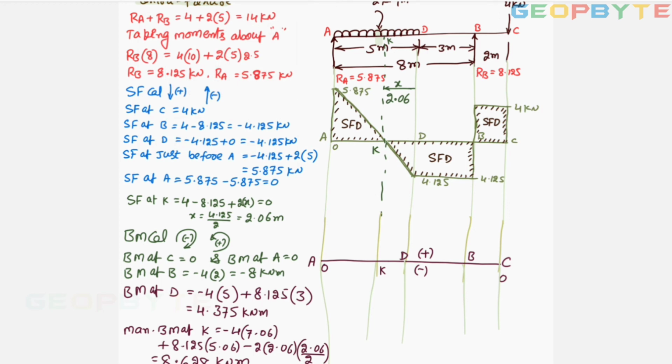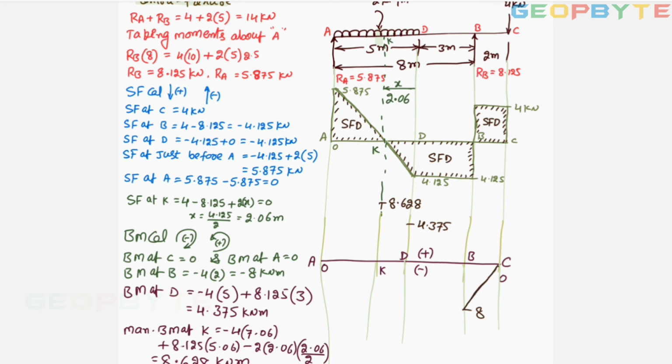So BM at B, minus 8 kilonewton meter, it is like this. BM at D, 4.375. Maximum bending moment at K, 8.628, somewhere here. Under point load, it's a straight line variation.